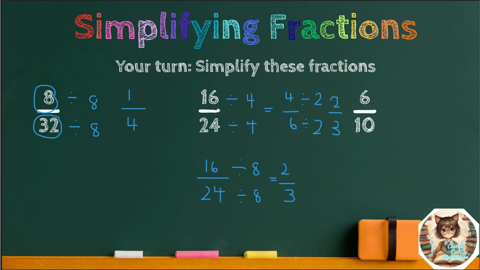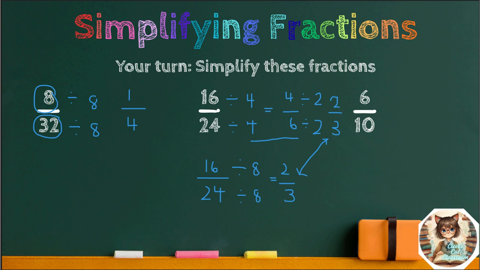Now you can see I got the same answer. So sometimes if you don't pick the highest one, it still doesn't matter because you're going to get the same answer. You might just have to double the process like I did up here, but it'll come to the same answer as well.